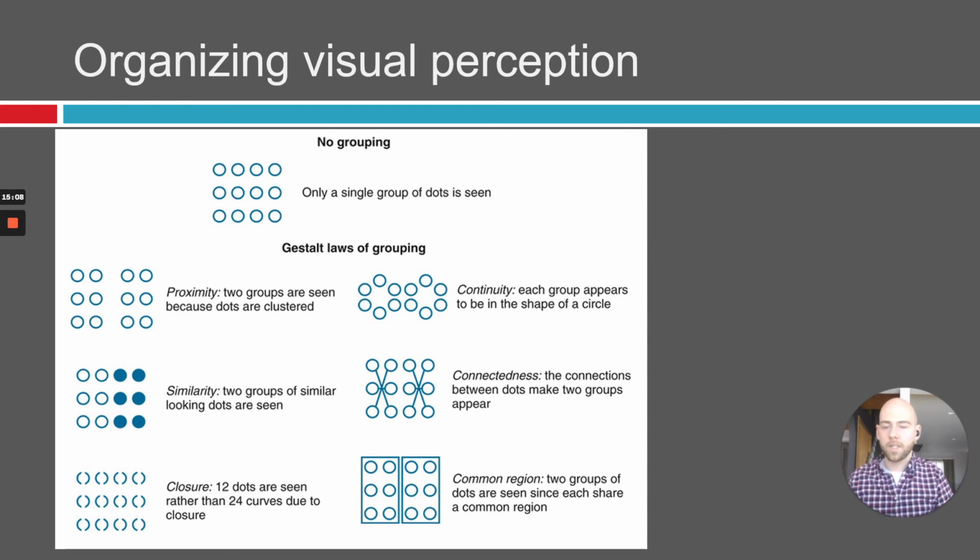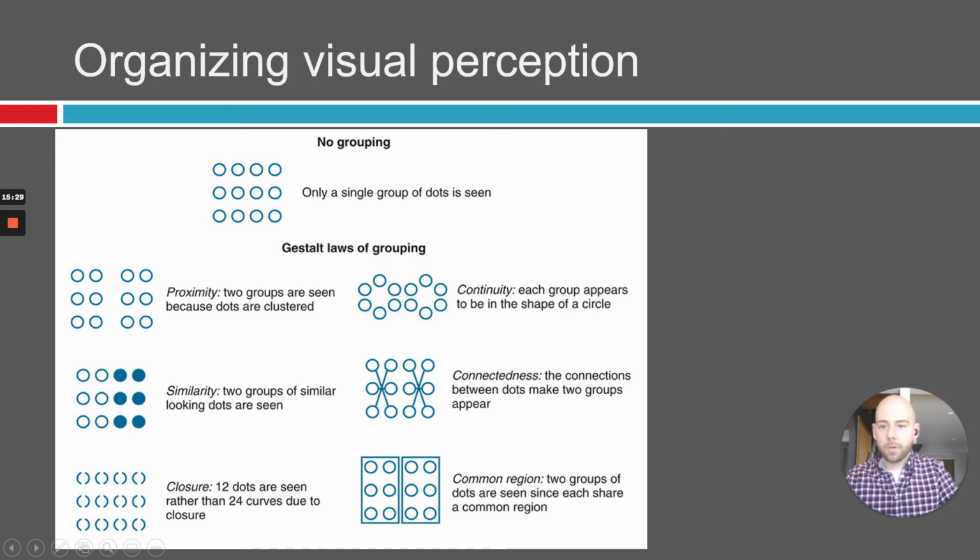So Gestalt psychology, this general idea that in a way, things are more than the sum of their parts, and that you might not be able to describe something completely without describing relationships between things, in a sense. So the way that we tend to group things is by these different laws.